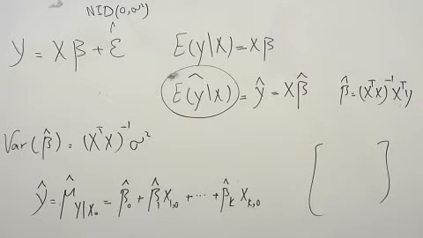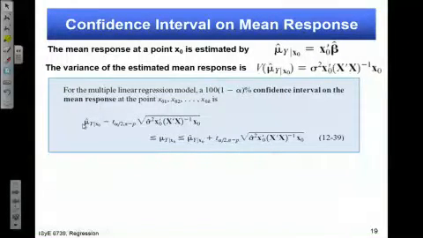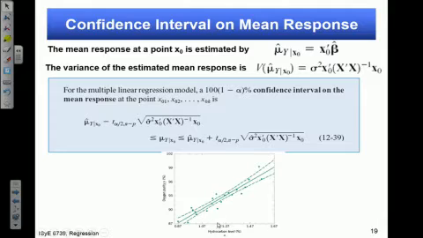That's the point estimate. We just plug it in here. We can find the covariance or the standard error here. This is from the table. We can find the lower and upper bound. And as we said, if the point is closer to the center, then we have a more precise confidence bound. If the point is farther from the center, then we have a smaller confidence bound. I'm sorry, a wider confidence bound.